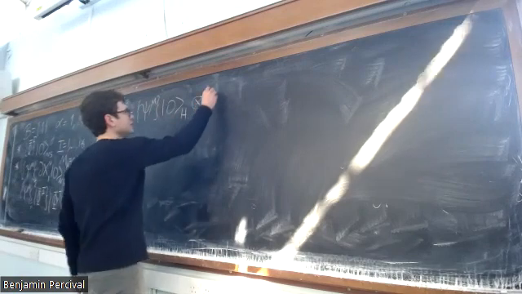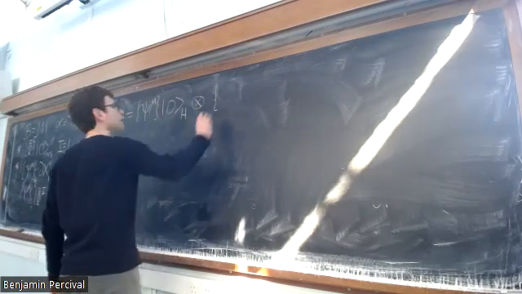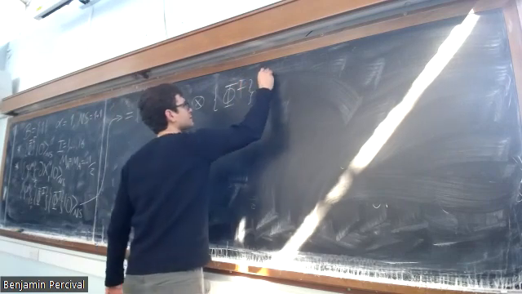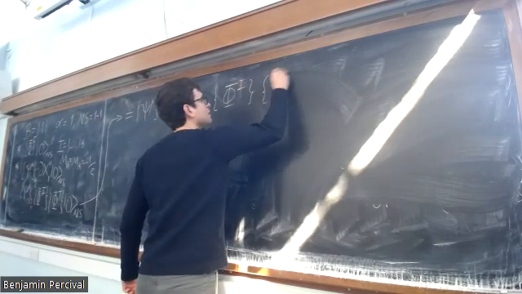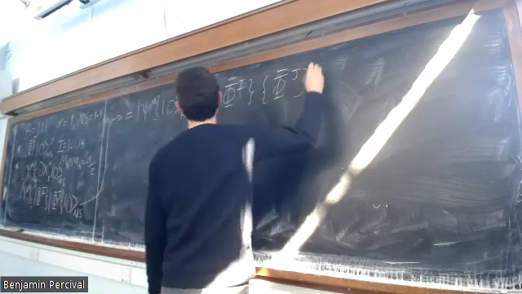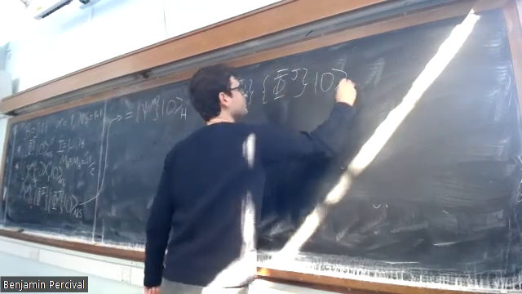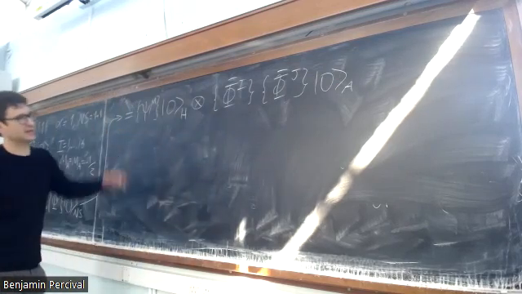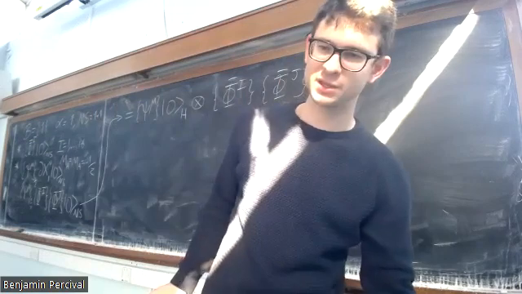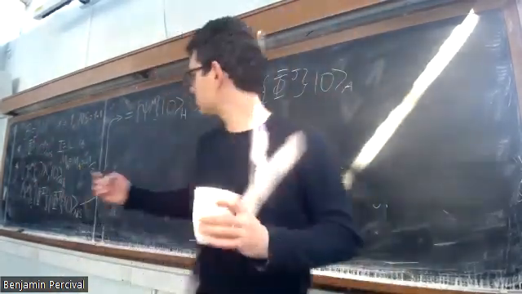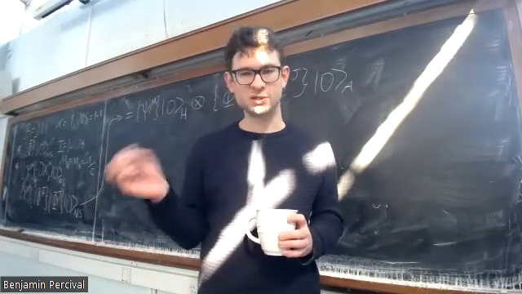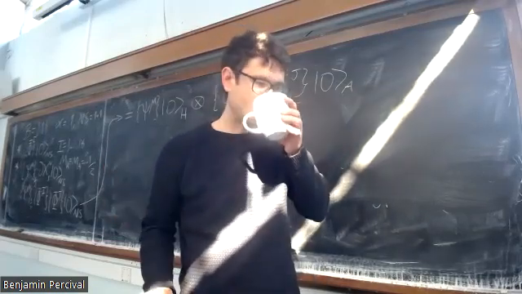So you're just splitting the left and the right, or the holomorphic and anti-holomorphic. But I'll tend to just use this notation where you just remember which side is which.